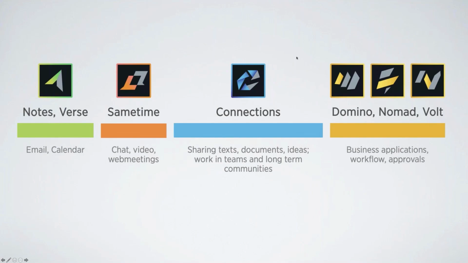In the middle there is a big portion on sharing and collaboration across the company within working and project teams, as well as with external or guest people. But we decided not to put it in here because of time restrictions. So we focused on what the majority of you are using right now, and that is Notes, Domino, and Sametime.